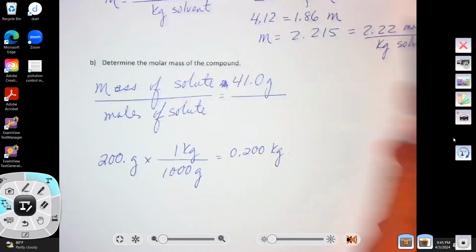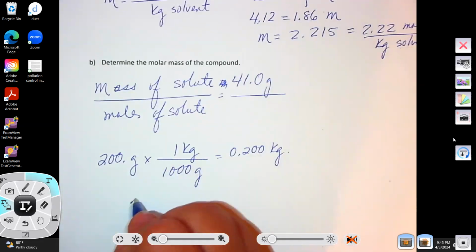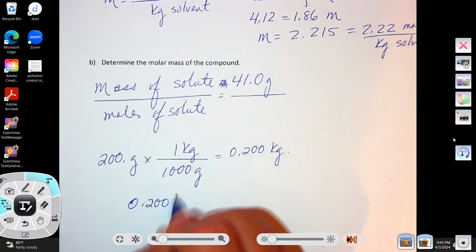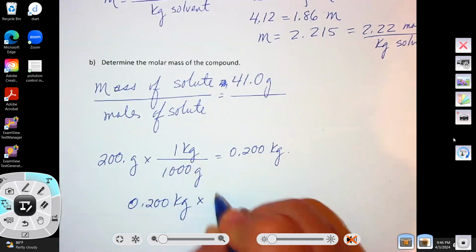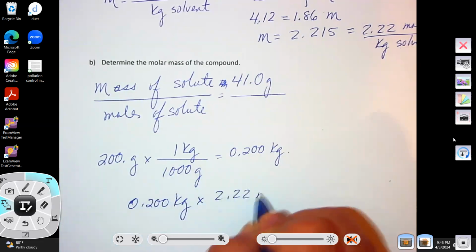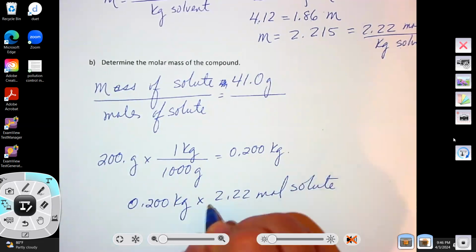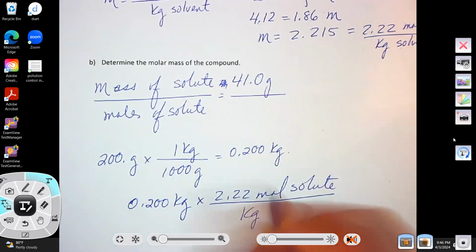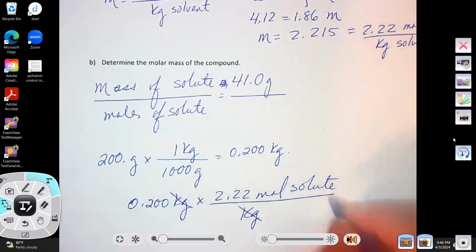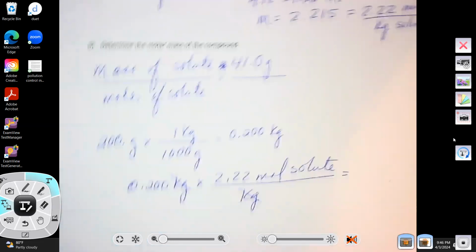Now we multiply that times the molality, which is moles of the solute over kilograms of the solvent. This is going to give me the moles of the solute.